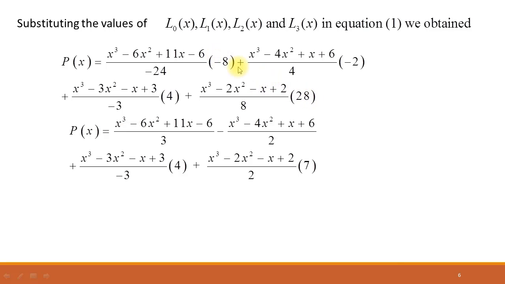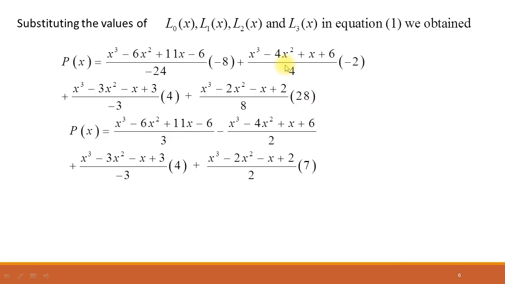Now to simplify, 8 3 the 24, 2 to the 4. Minus minus cancel, minus minus plus, and 8 3 the 24, so divide this term by 3.